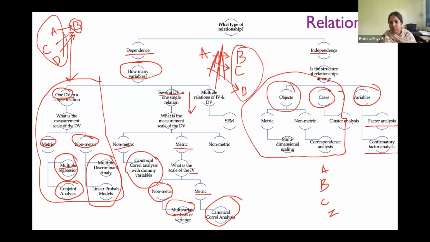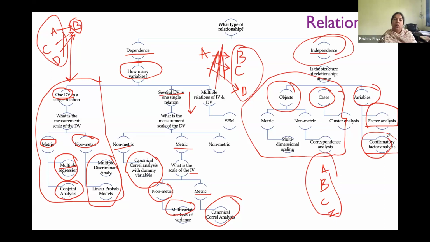If you know that these variables are independent, not related to each other at all, then what holds them together? If you want to understand that, that is called factor analysis and confirmatory factor analysis, right?